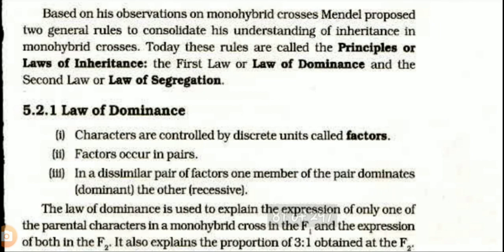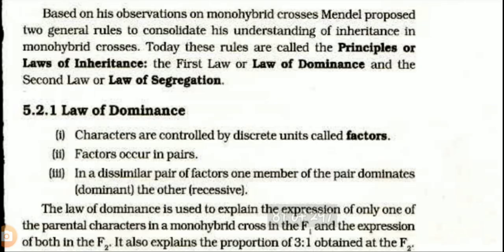Now what is the law of dominance? Based on these observations on the monohybrid cross, Mendel proposed two general rules, that is the principle or law of dominance, and the second law of segregation. What is the law of dominance? Characters are controlled by discrete units called factors. Mendel was calling them factors. They are known as genes, and factors occur in pairs.